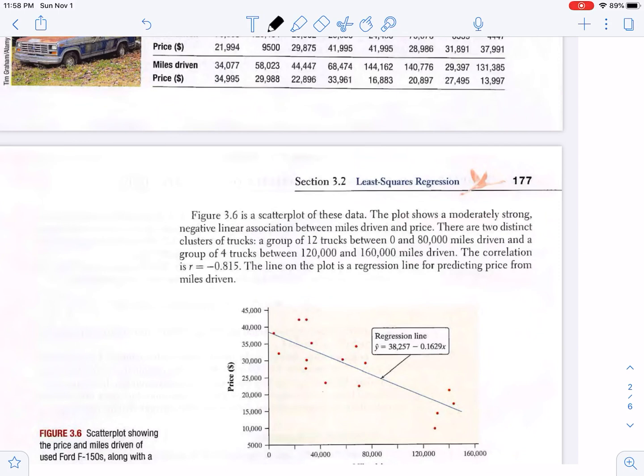Our data has a negative correlation, and this line has a negative slope and goes through the middle of the data. Of course, we're going to analyze how good or bad one of these regression lines is, but that's for a different time.